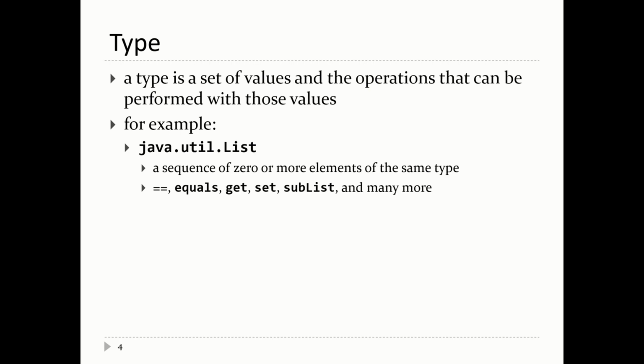Similarly, list is also a type. What are the set of values that represent lists? Well, any sequence of zero or more elements can be a list. What can you do with a list? You can do things like get, set, subList. You can test if two lists are equal. You can test if two sets are equal, and you can test if two maps are equal.